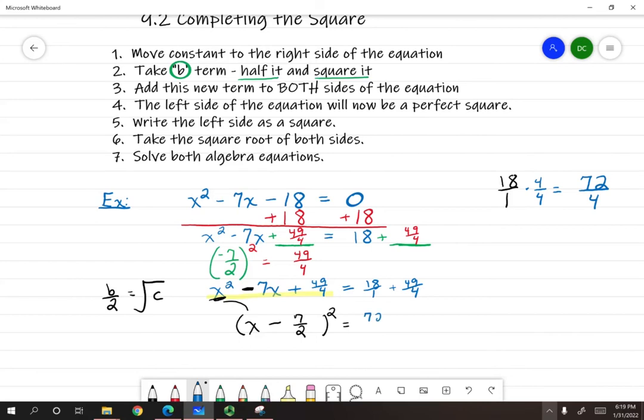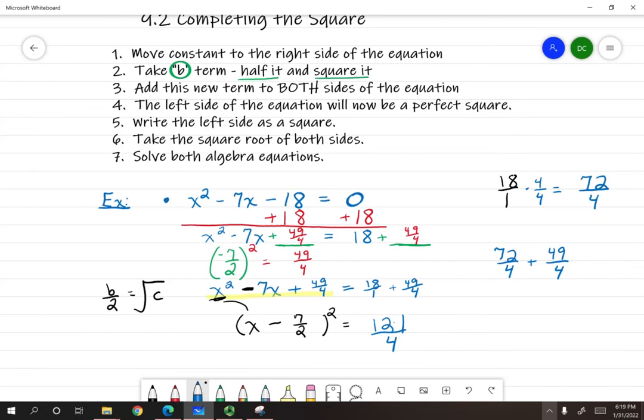So I've got 72 over 4 plus, I'm going to add these together as long as we got them here, 72/4 plus 49/4. Let's see, that's 121 over 4.